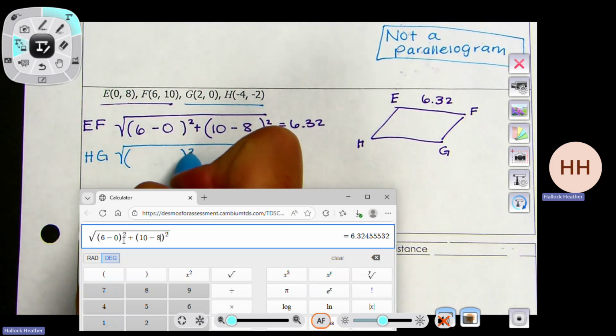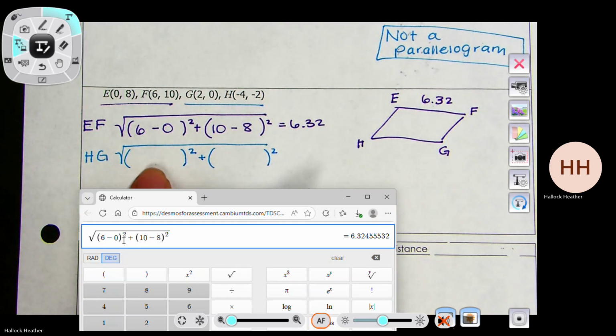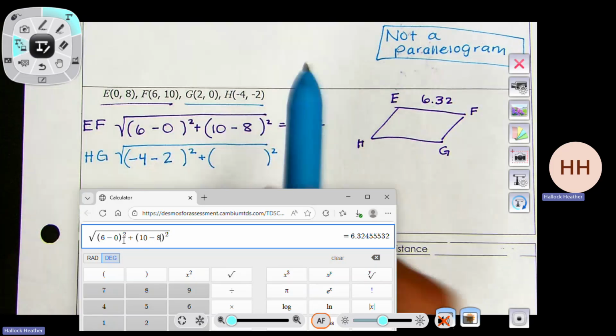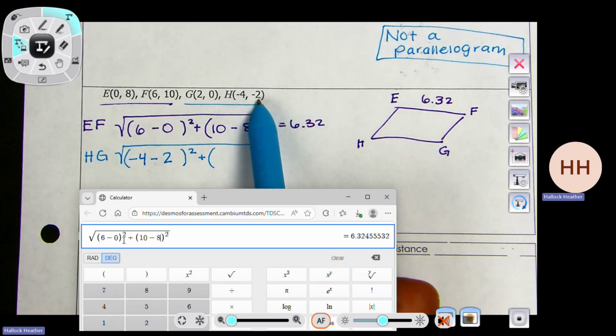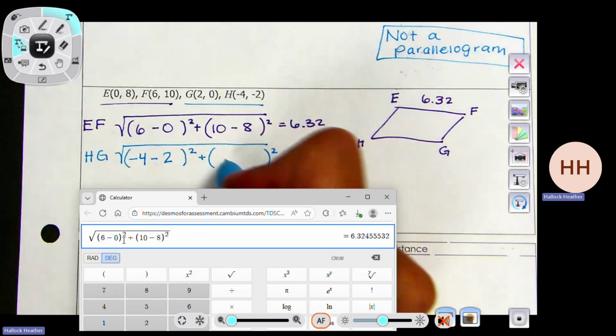Okay, so what two numbers need to go in the first set? -4 minus 2. And then your y's, you're doing y2, which is -2, and you're minusing y1, which is 0.